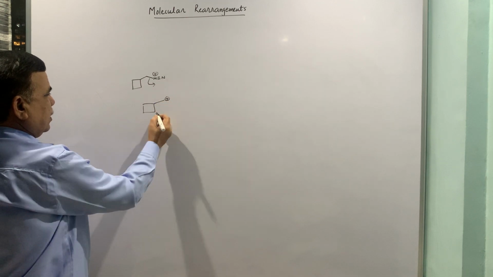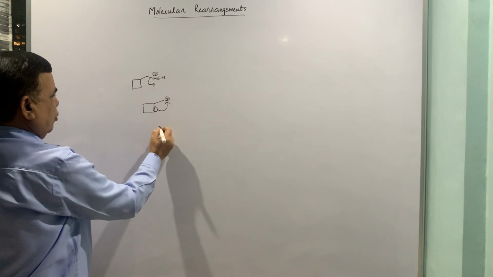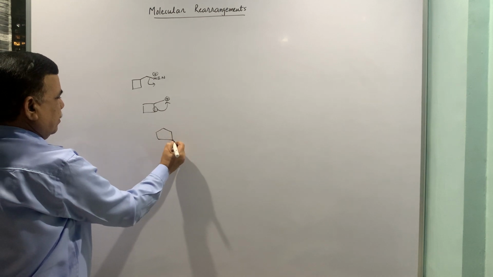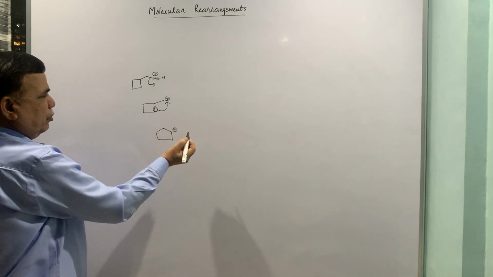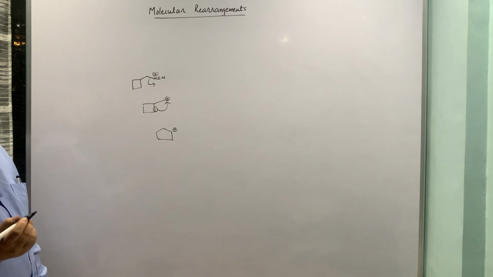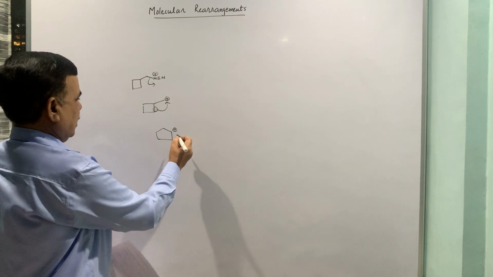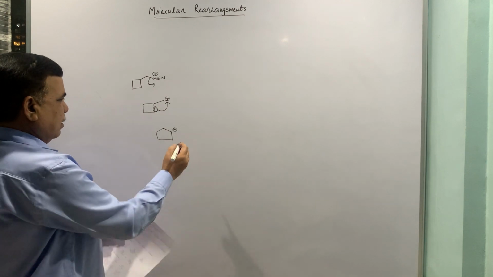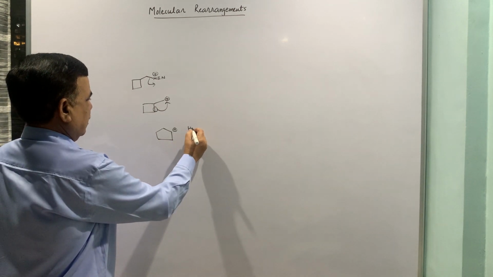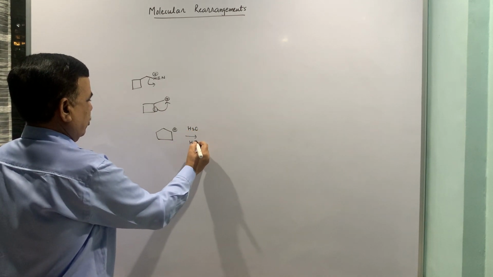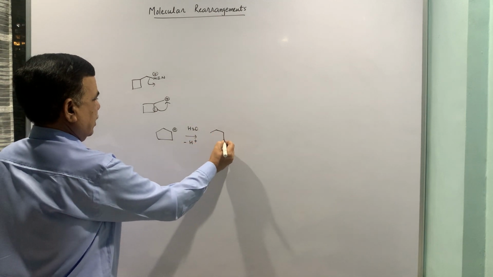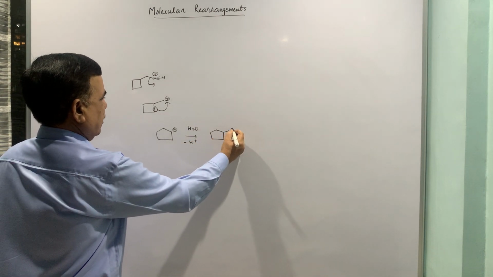this becomes plus, group migrates. I am free to put positive charge on any, because the molecule is symmetrical, and now water can be added, and loss of proton can give me the alcohol.